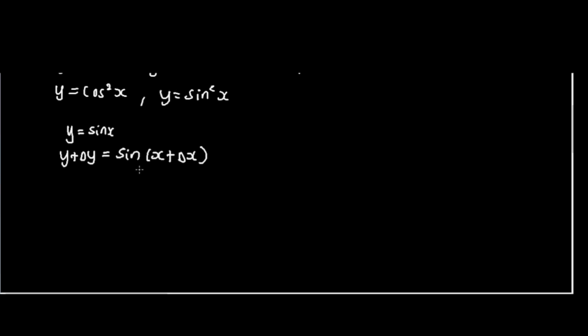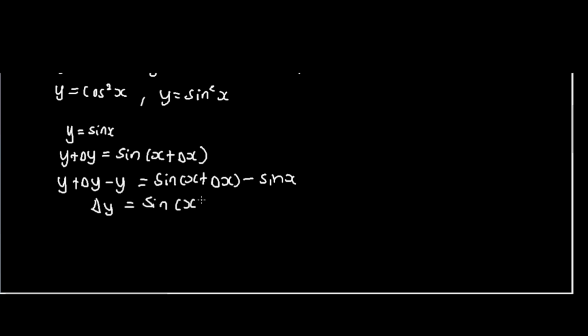The next step is to subtract the two equations, and for that case we shall have y plus change in y minus y equals sin of (x plus change in x) minus sin x. This simplifies to change in y equals sin of (x plus change in x) minus sin x, like that.